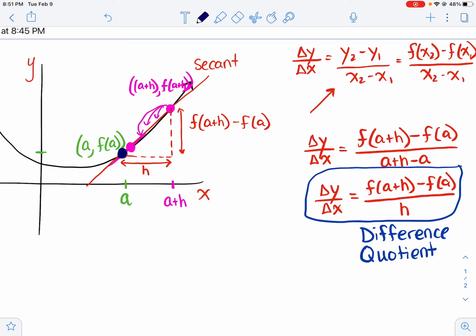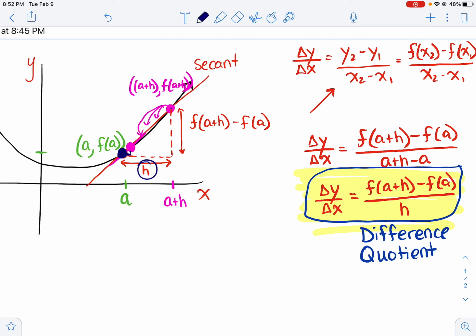So the closer the pink point gets to A, the better our estimate for instantaneous rate of change. That's also saying the smaller H gets, so the smaller this interval, the better our estimate for instantaneous rate of change. So we can use the difference quotient to find the slope of a secant and to estimate the instantaneous rate of change.